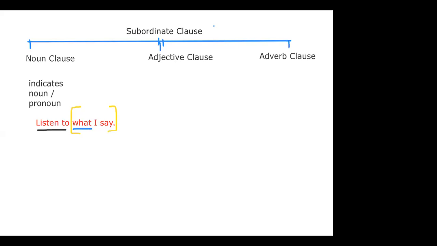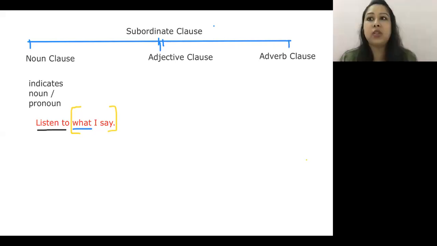Now, how would I know whether this particular question is a noun clause, adjective clause, or adverb clause? Just because we started with noun clause, does this mean it is a noun clause example? No, definitely not. There is a distinctive way I can understand whether my given sentence is a noun clause or not. So what would I do? I would first take the main clause.